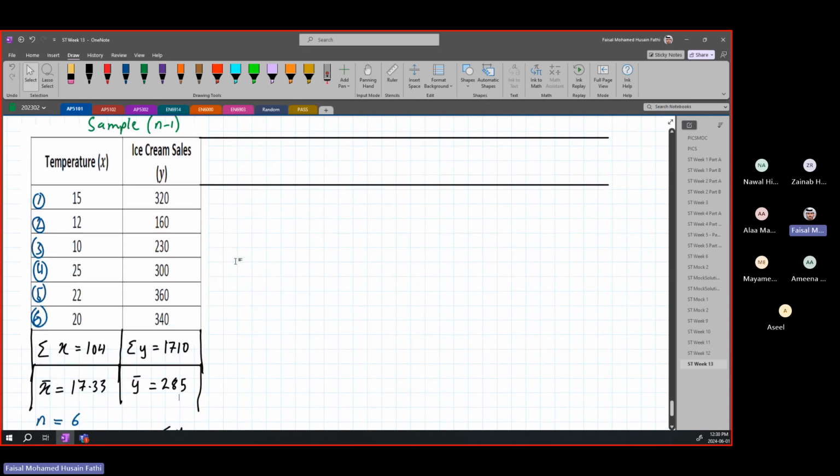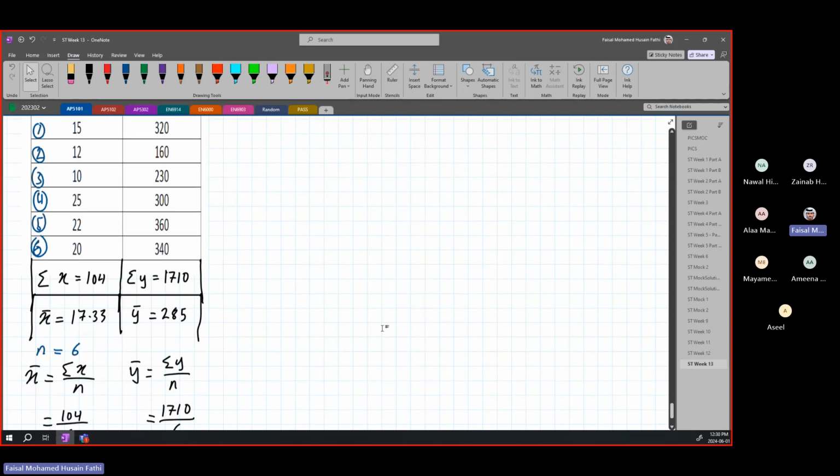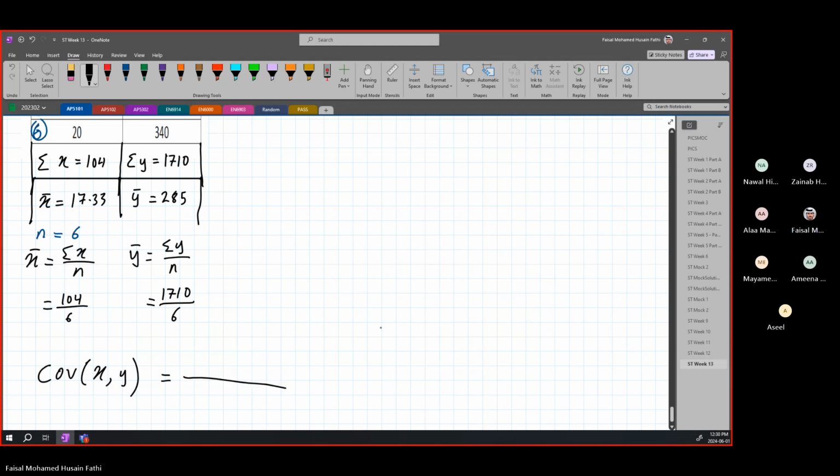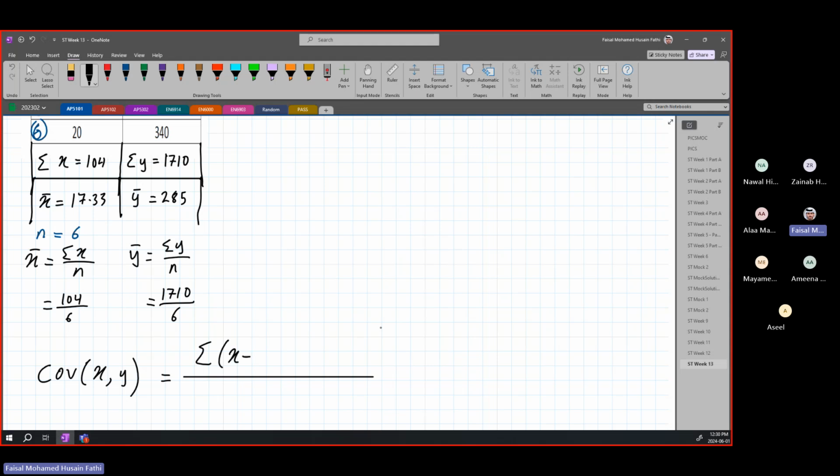Now that we found our x bar and y bar, remember covariance, the equation for it, so covariance of x, y is equal to the summation of x minus x bar, y minus y bar, divided by, for sample, n minus 1. Okay, so what do we need?